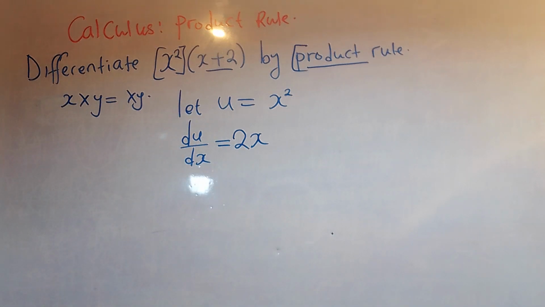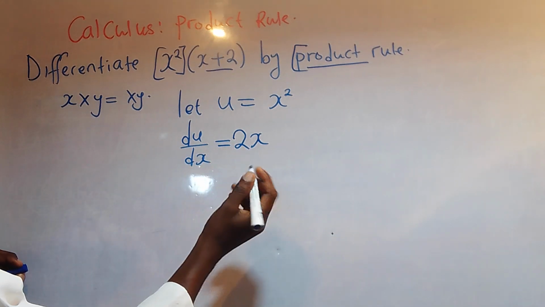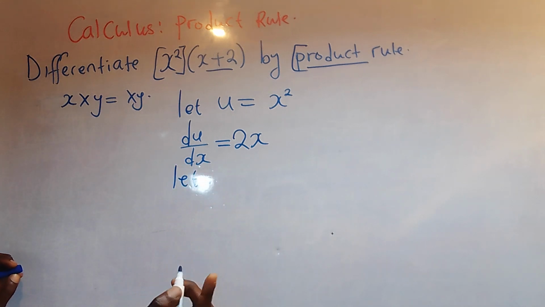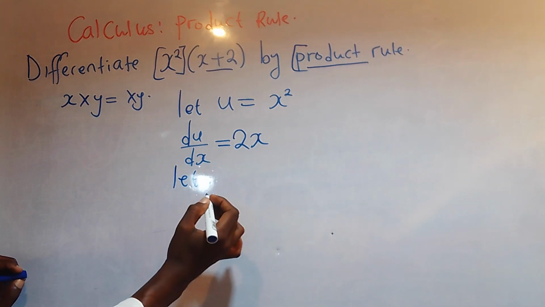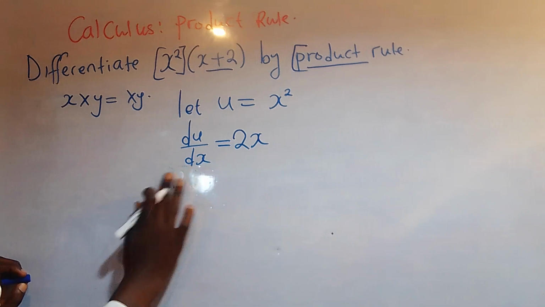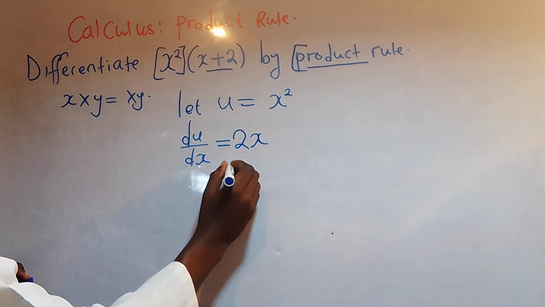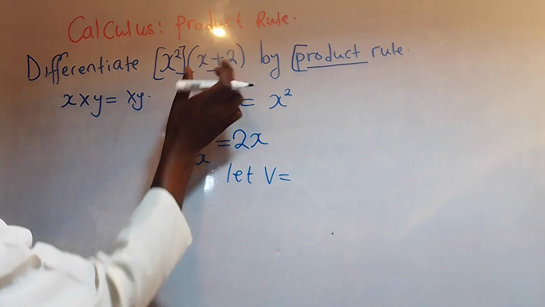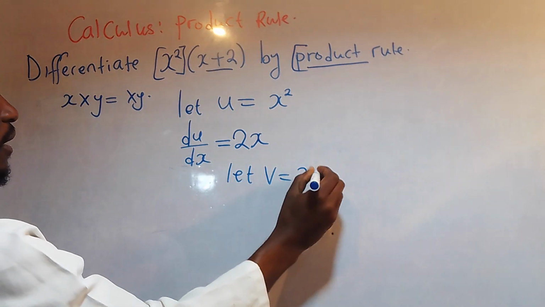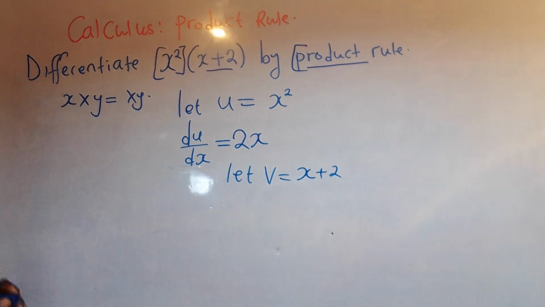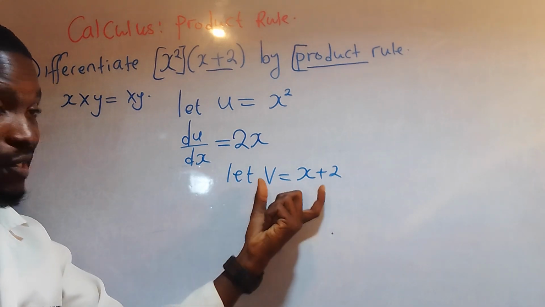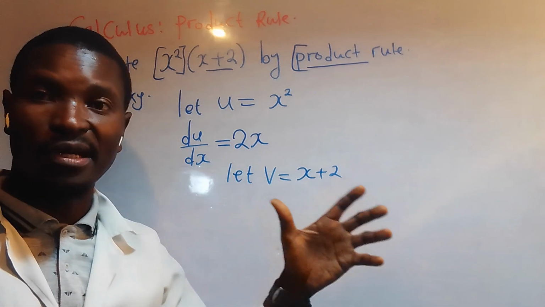And then we're going to say let v equal this in bracket, so we have x plus 2. After we do this, we can also differentiate with respect to x.